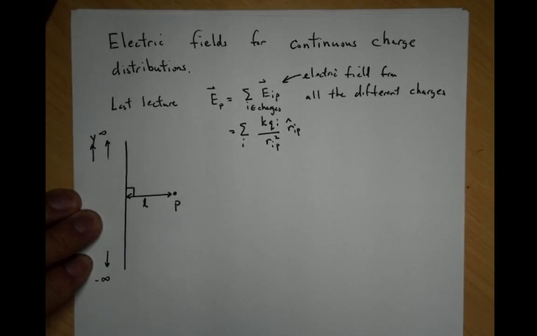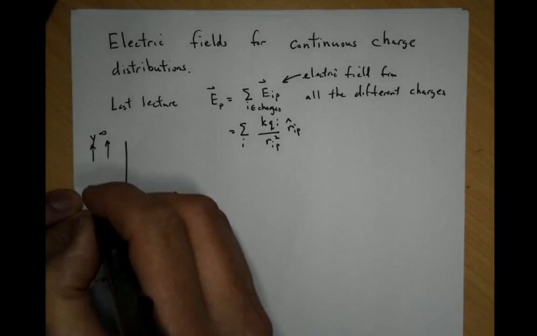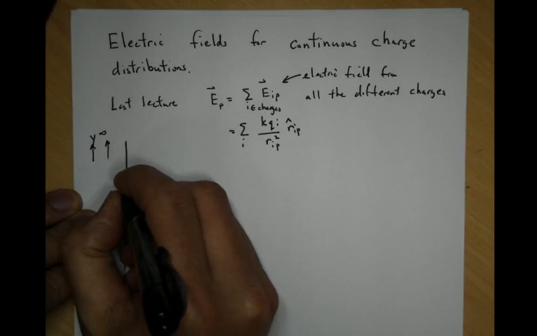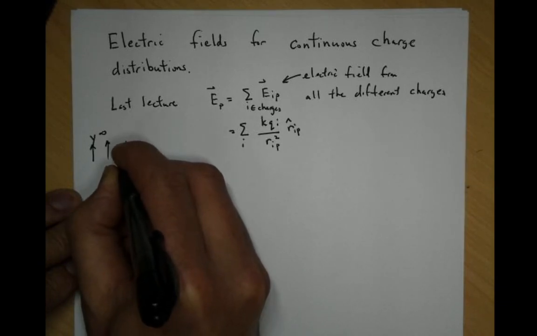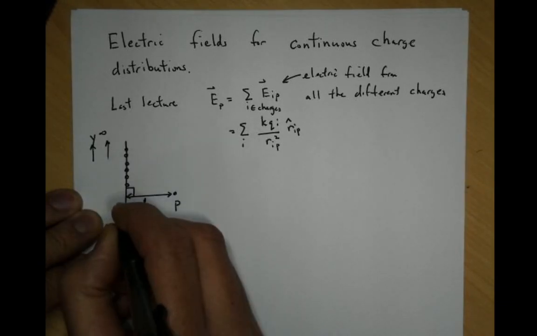Well, if I think about this carefully, I can imagine that rather than considering a line of charge, I consider a bunch of charges like that, say, charges on a string.